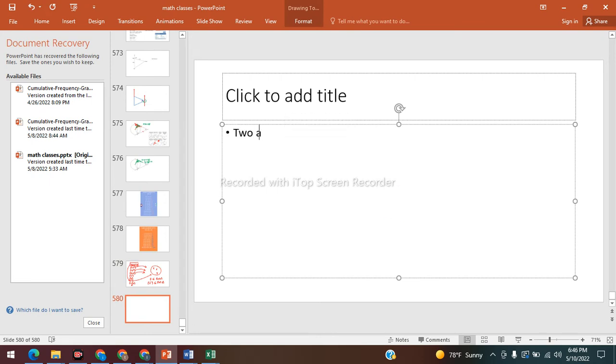Two angles are said to be complementary... Wouldn't it be from 90? We subtracting from 90? Yeah, subtract from 90 when their sum is 90 degrees.